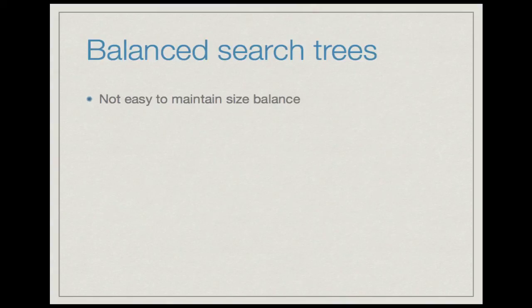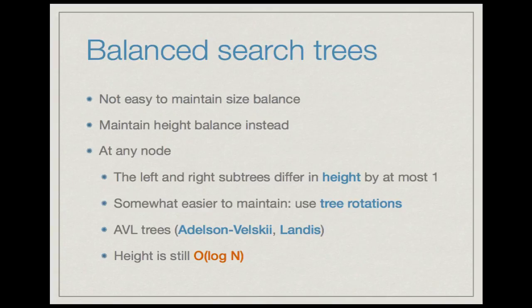But the trouble is that it is not easy to maintain size balance. What we shall opt to do is to maintain height balance instead. This is maintained as follows. At any node, we maintain the invariant that the left and right subtrees differ in height by at most 1.